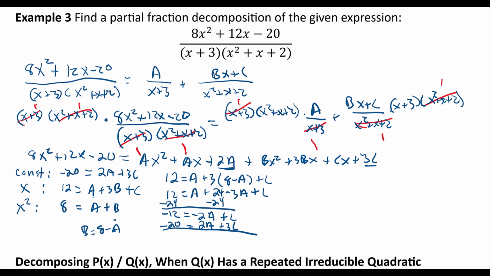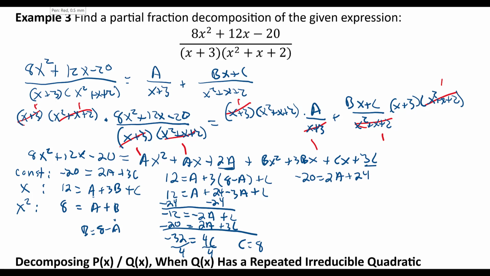So if we add those straight down, we'd have minus 32 equals 4C. So we divide by 4, C would be negative 8. And then we can find our A. So we had minus 20 equals 2A plus 3 times C. 3 times C is 3 times negative 8, so it's negative 24.